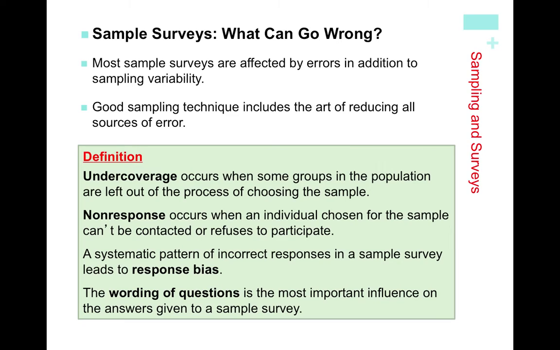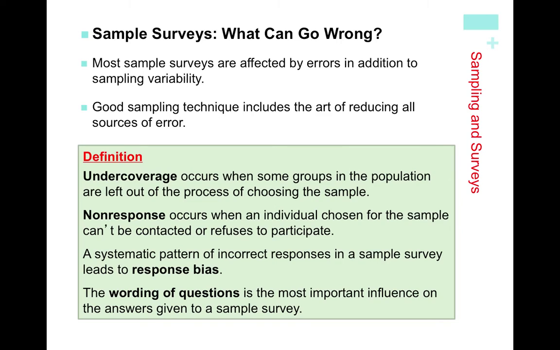Gender, race, age, ethnicity, or behavior of the interviewer can also affect people's responses. Okay, so another type of non-sampling problem occurs when people give inaccurate answers to survey questions. So people may lie about their age, their income, or something else, their weight.